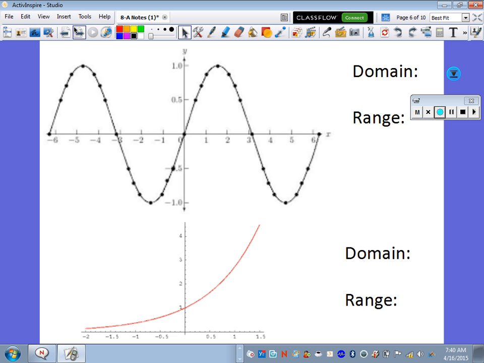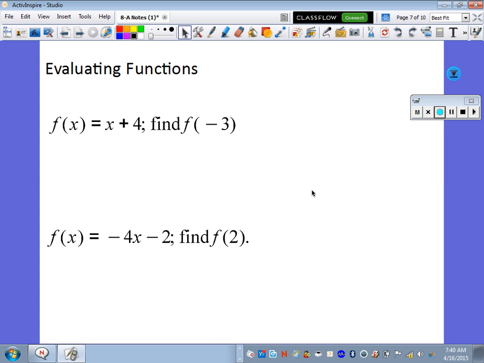All right, so now here we're looking at evaluating functions. Most of you have done this one before, so it's not a huge deal on how to do it. Basically, if f of x equals x plus 4, find f of -3.